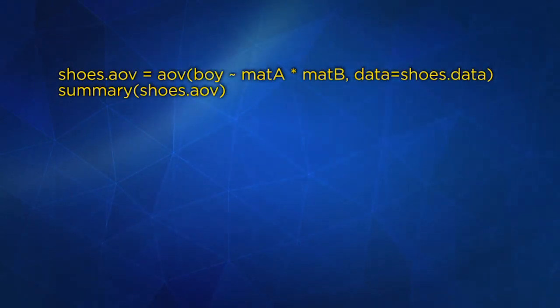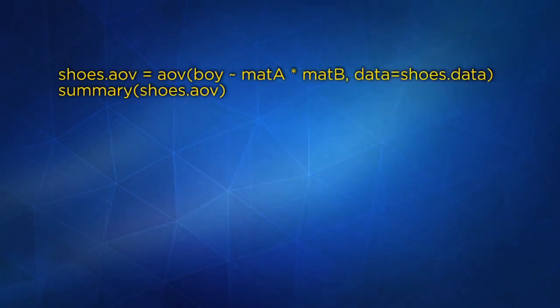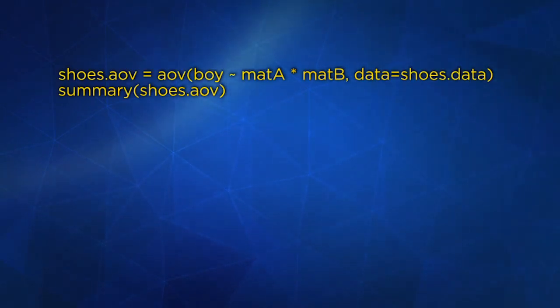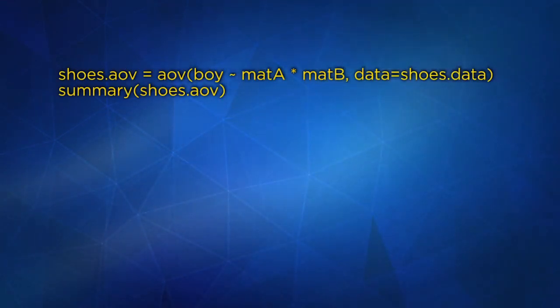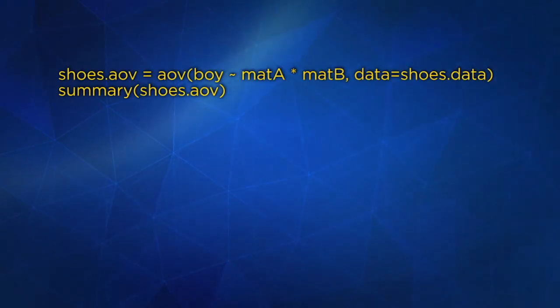Okay, so let's run this command. shoes.aov is equal to aov of boy on mat A, material A, star mat B, material B. So that's going to look at the effect of material A plus the effect of material B plus any interaction effect of the two. Our data comes from shoes.data.